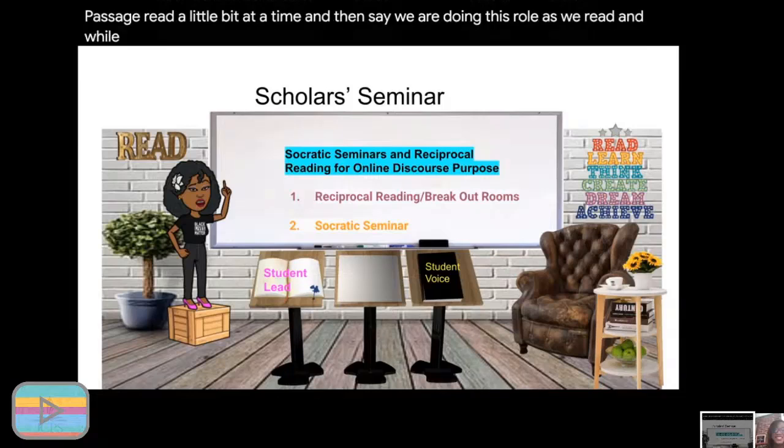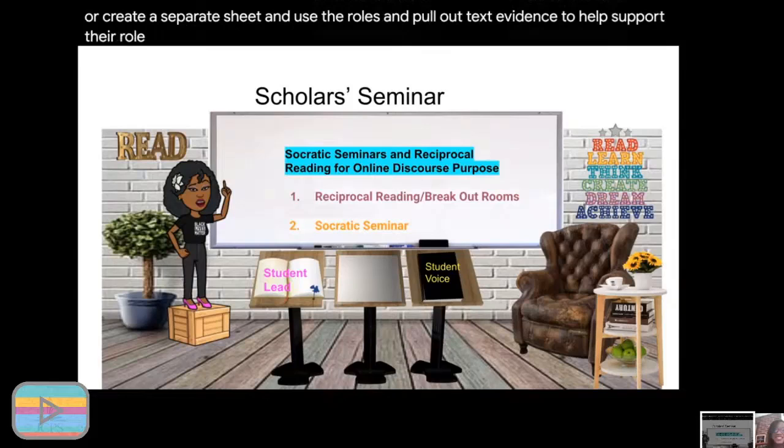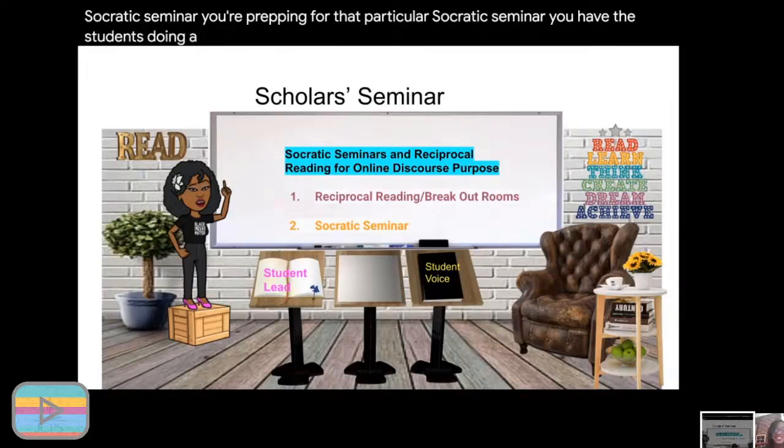And while that is happening, students can annotate for that particular role on the document, or create a separate sheet and use the roles and pull out text evidence to help support that role. And then we discuss. So once you are prepping for that particular Socratic seminar, you have the students doing a reciprocal reading strategy role.